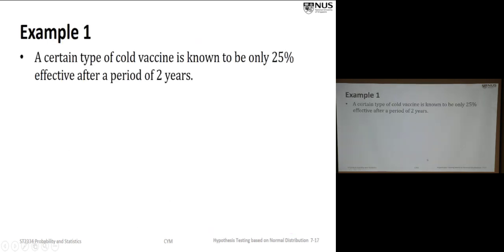Okay. Here is an example. Suppose I have a certain type of cold vaccine, and it's only effective for 2 years; the effective rate goes down to 25%.